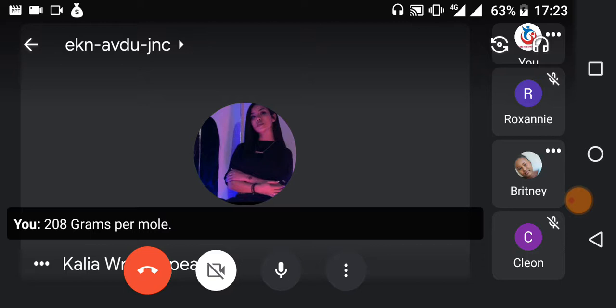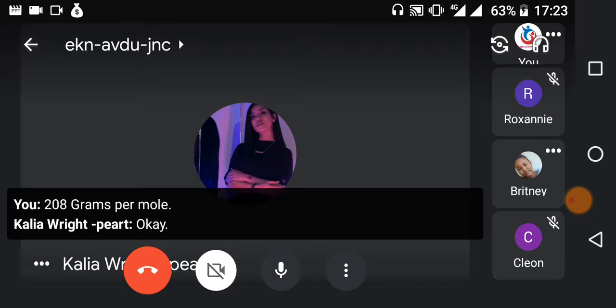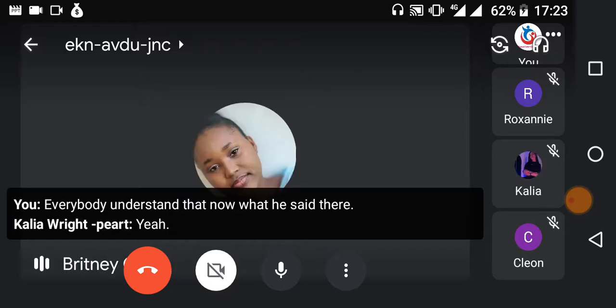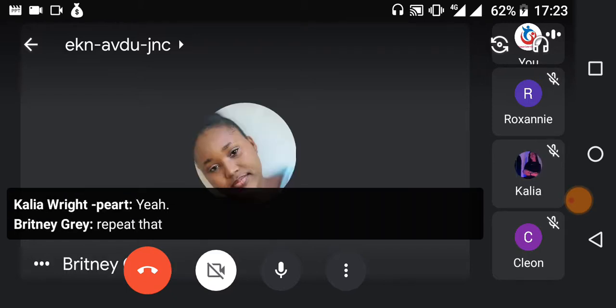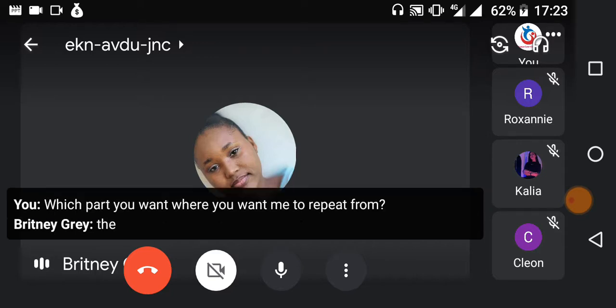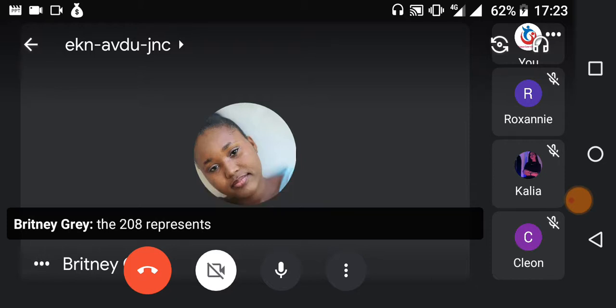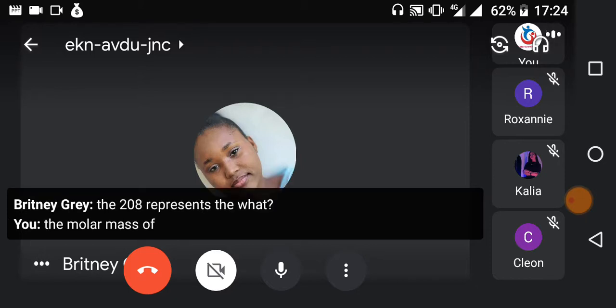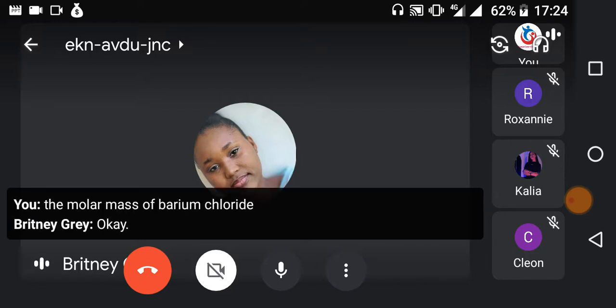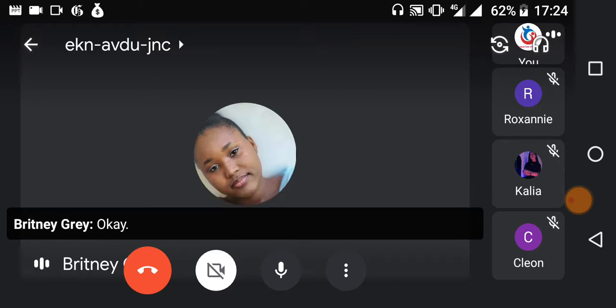Everybody understand that now? Which part do you want me to repeat from? The molar mass of barium chloride. All right. The question asks us to find the number of moles present in 12.5 grams of barium chloride.